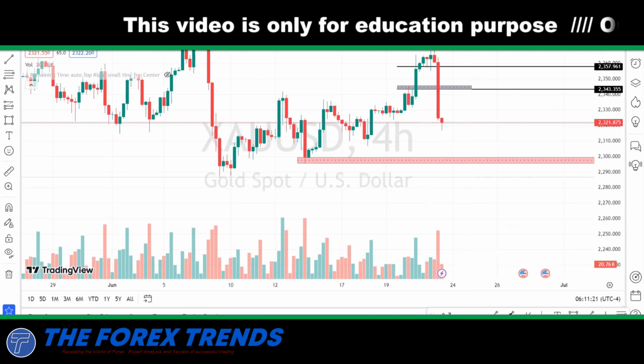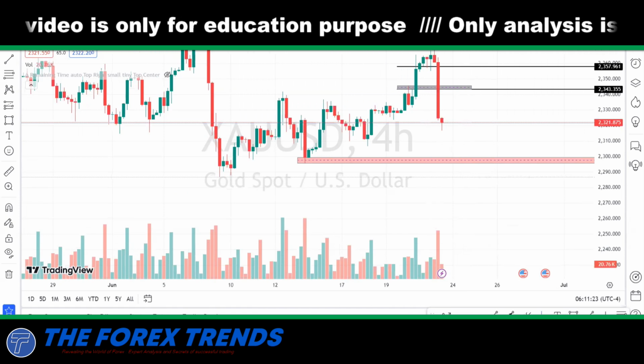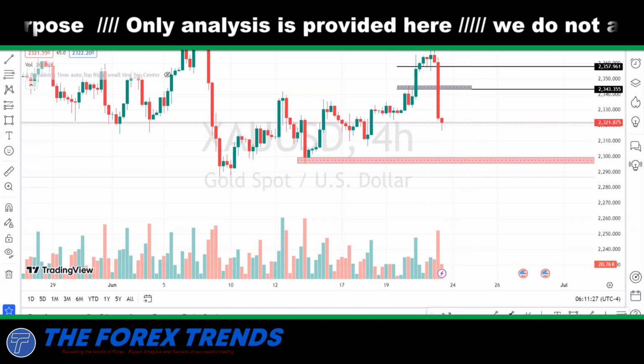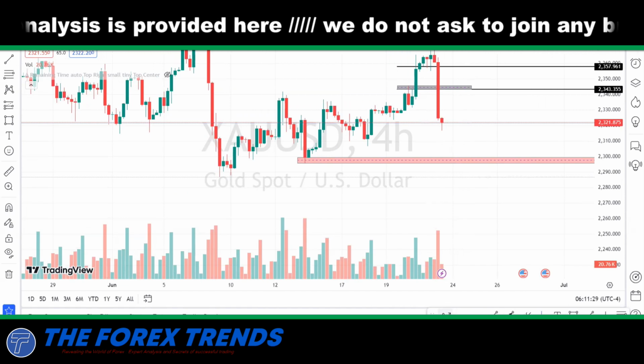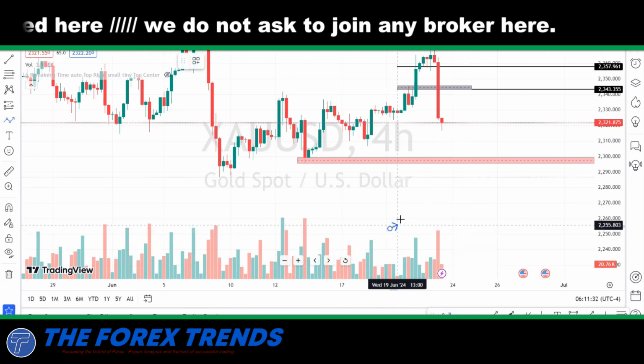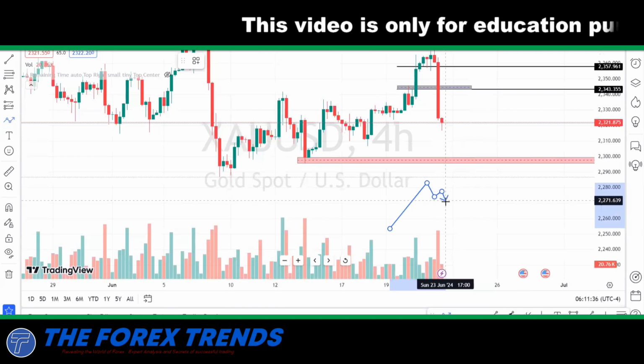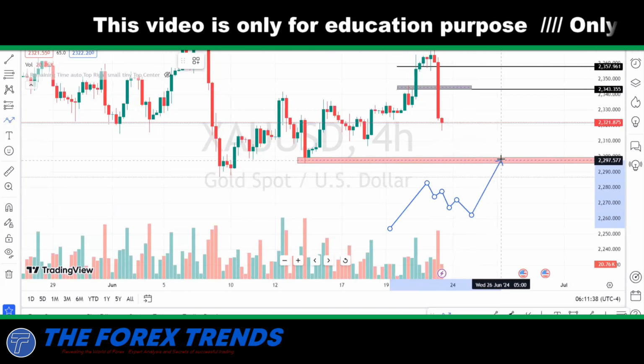As we know, there are two kinds of movement in the market. One is impulsive movement, with corrections, and another is ranging movement. Market moves with an impulse, then it creates a correction, and then it makes another impulse.